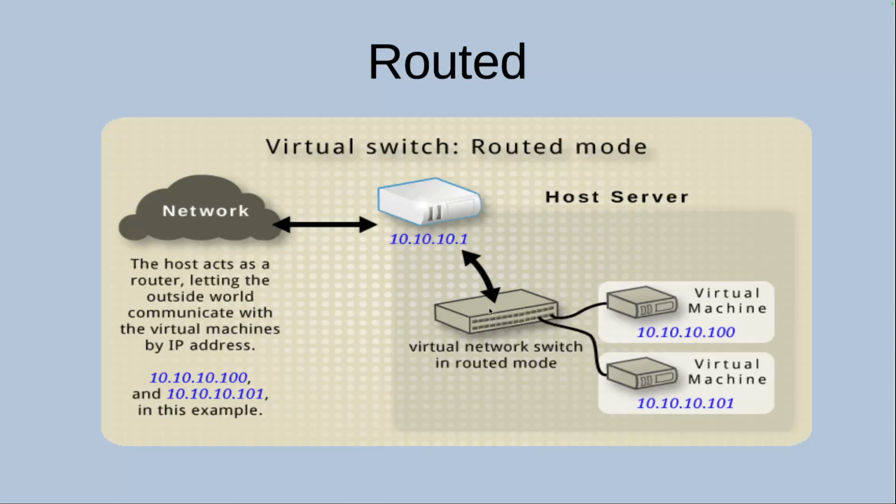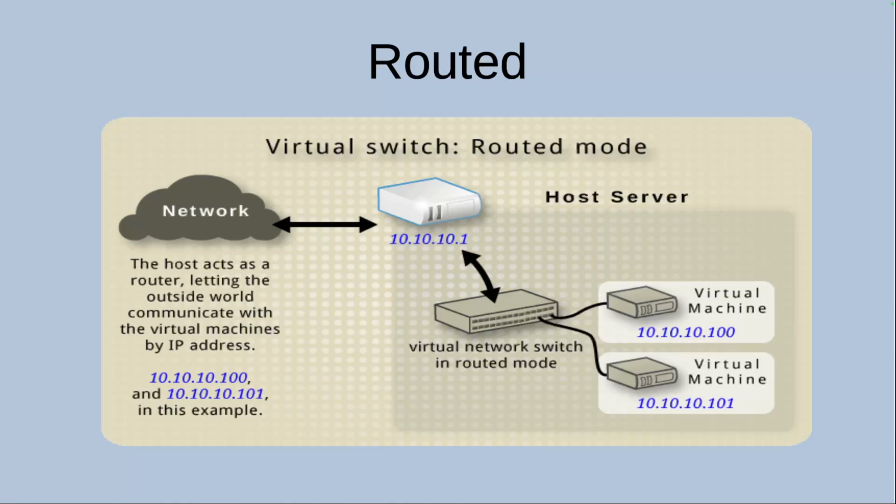So essentially, that switch is still here, but the actual host server itself is acting as a router, and it'll allow these machines to interact with your home network in the same way that any other device will. They're able to get DHCP addresses, which is just the automatic assigning of addresses, as well as DNS services.